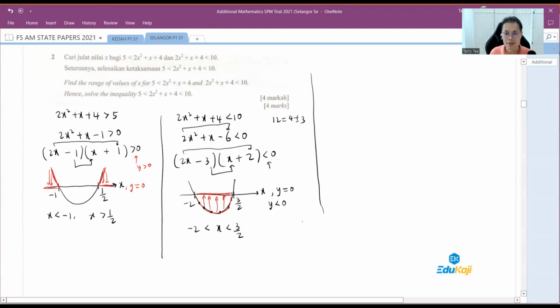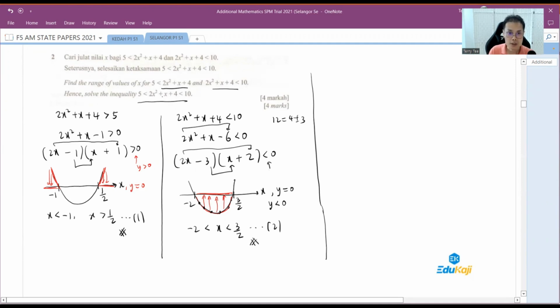I still need to combine these two inequalities, because we have the first inequality and the second inequality. So we want to combine them and solve this. This is actually a combination of both the first inequality and the second inequality. They ask us to find the range of values for the first inequality, the second inequality, and then solve for this.